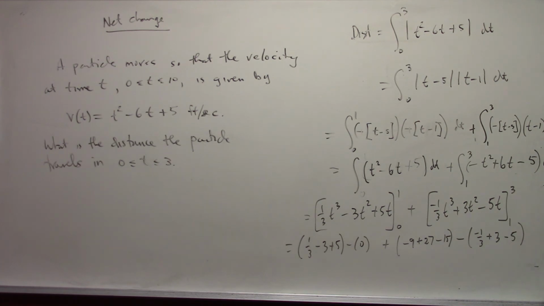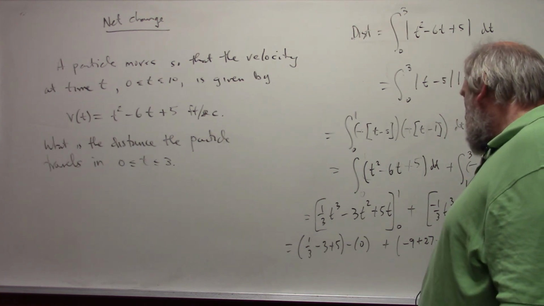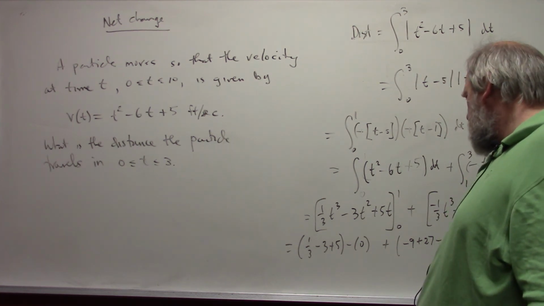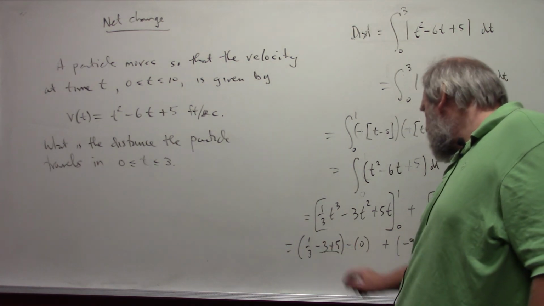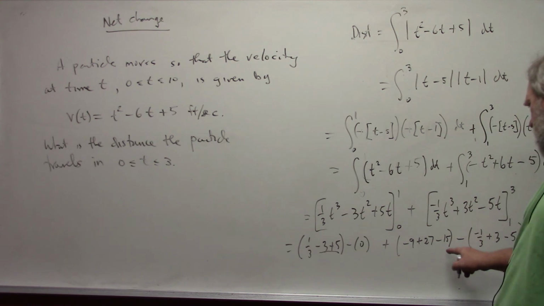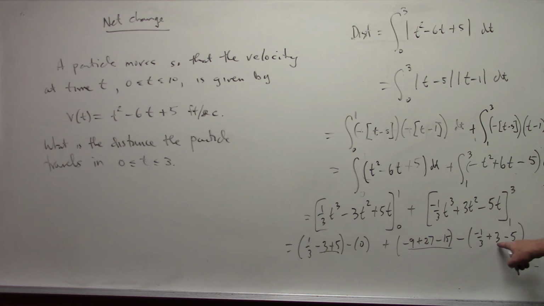And then we have to combine all this together. What I usually do is kind of deal with the integers first and then the fractions second. So this is going to be 2. This is going to be positive 3, which is 5. And this is going to be negative 2. So overall, that gives me positive 3.